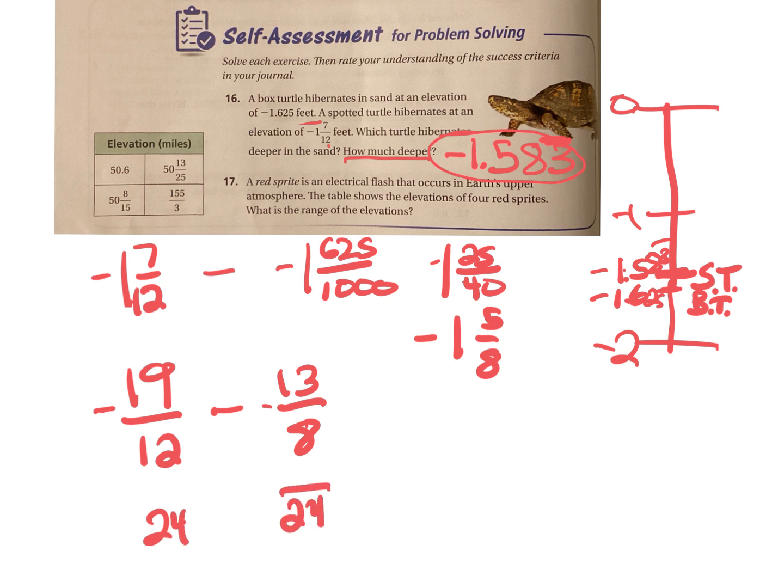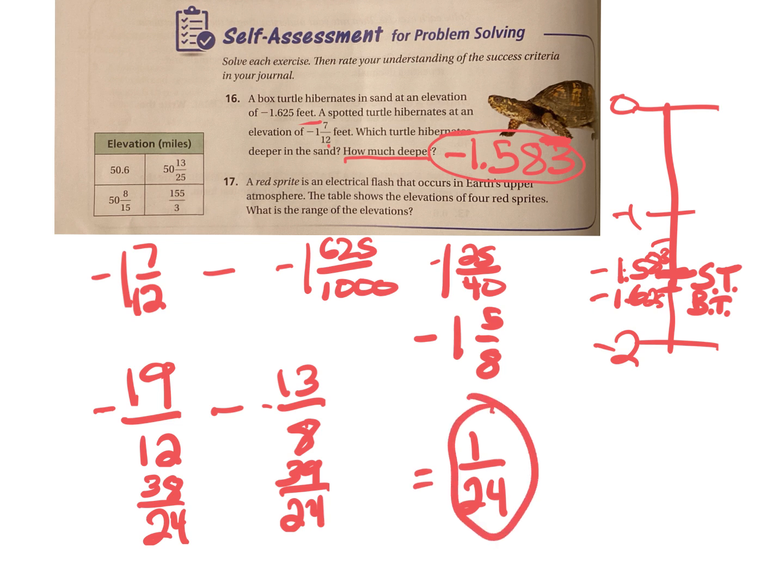That would be 19 times 2 is 38. 13 times 3 is 39. And so the difference between 38 24ths and 39 24ths is going to get me 1 24th. Okay, so I just need the absolute value. The difference from one to the other is 1 24th. And I should put my unit, 1 24th foot.